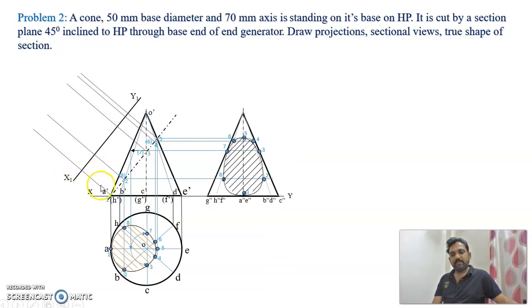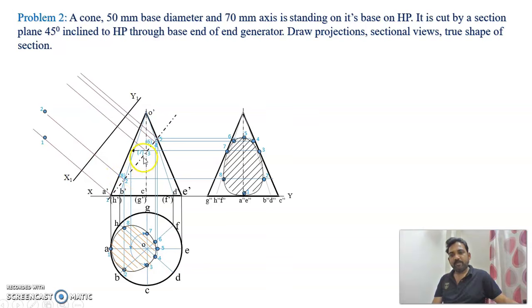Where the projector intersects x1 y1, take this point as the center and, with radius equal to a dash a, draw the arc and mark it as point 1. Same way for point 2, this is the projector from point 2 perpendicular to x1 y1. Measure the distance from b dash to point 2, take this much radius b dash 2 in your compass, take this point as center and mark point 2.